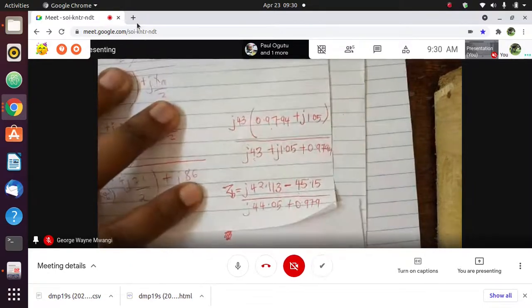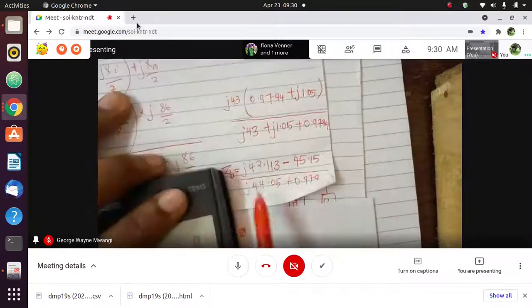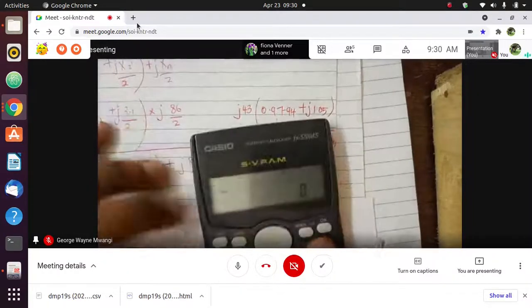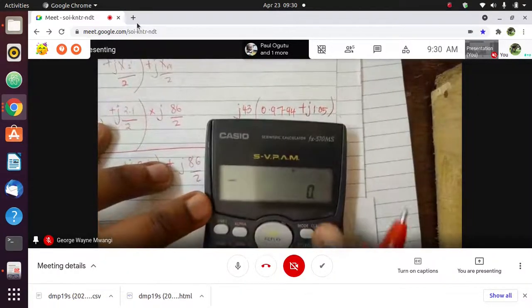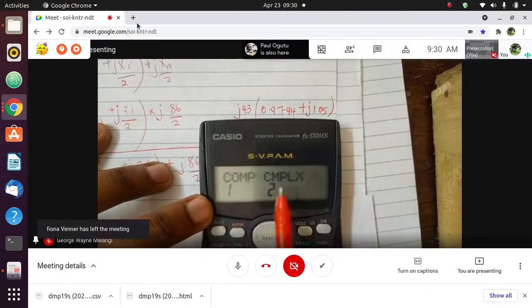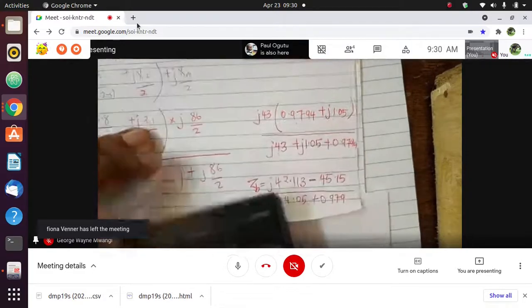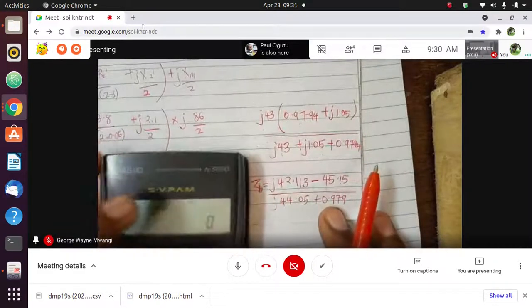So now the impedance, we start with the numerator. And how do we convert this complex number to a polar number? We take the calculator again, we press mode, and we go to complex. We change the calculator to complex mode. Now, how do we find the value?